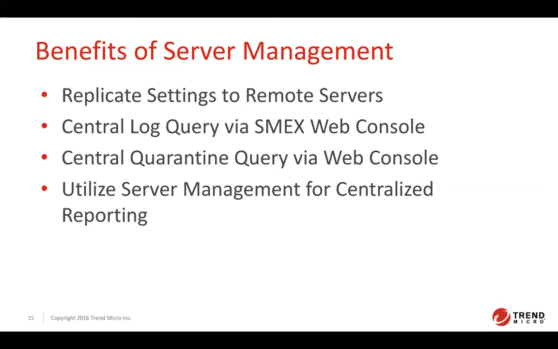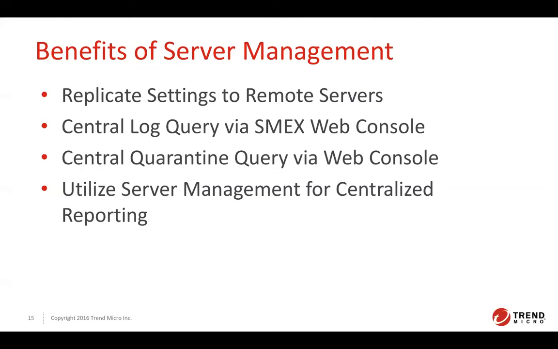The other thing is you can do a central log query and a quarantine query in the web console. So all of the items that are in the logs of multiple ScanMail servers, you can search at once, and the same for the quarantine. It uses server management to collect the information from the other servers that are running ScanMail.